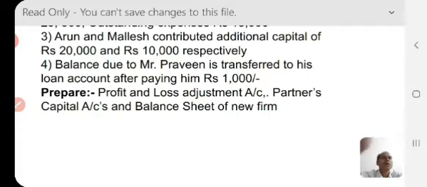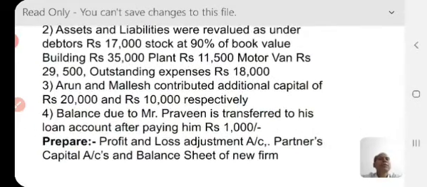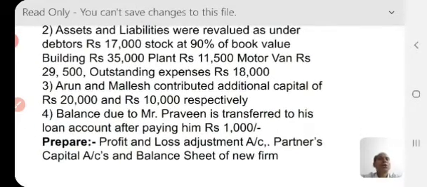Yes. So now we have to prepare the profit and loss adjustment account, partners capital accounts, and the balance sheet of the new firm, that is with Arun and Mallesh.